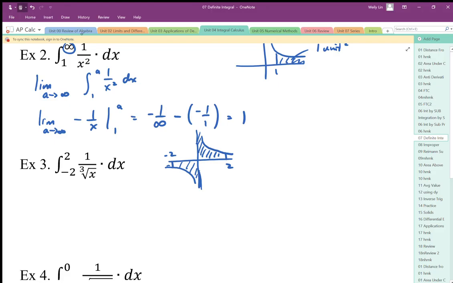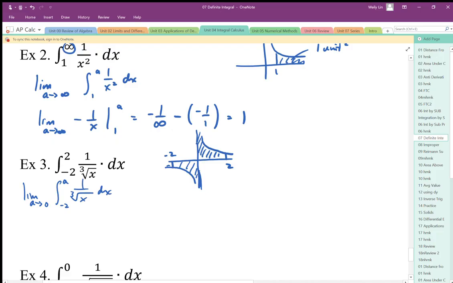I need to use a limit, and I need to split this into two separate integrals. So I'm going to do the limit as a goes to 0 of 1 over the cube root of x, where the bounds are negative 2 to a, and there is my integral.